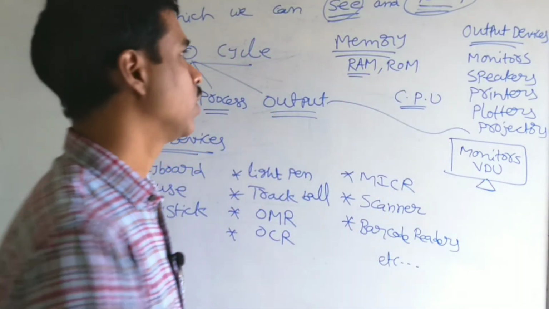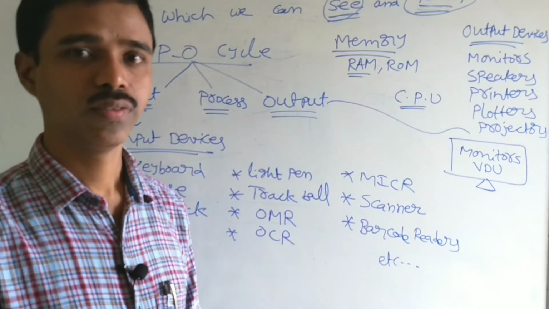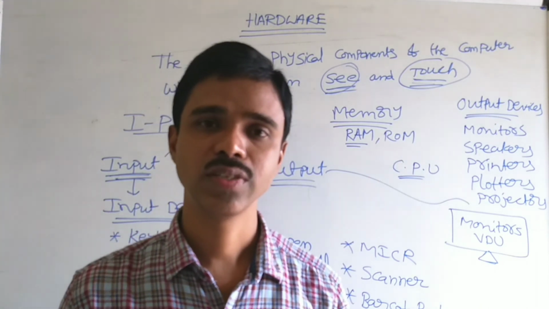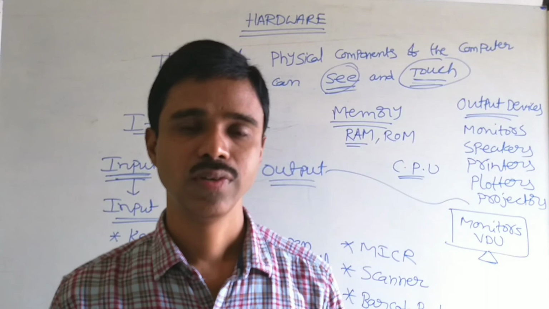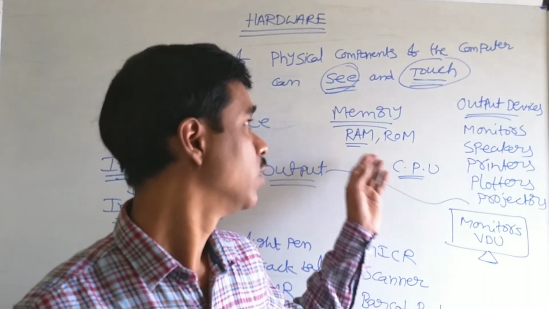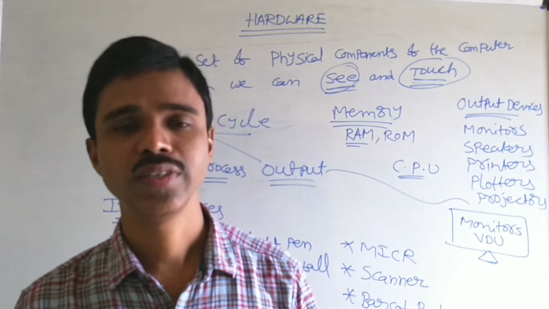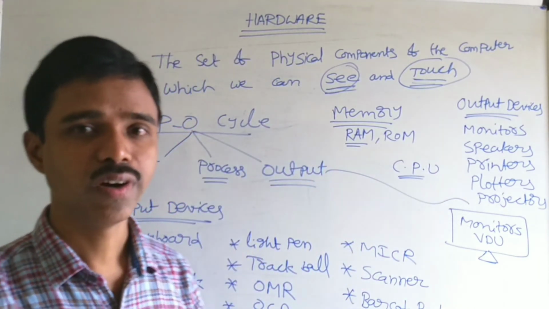RAM and ROM are examples of hardware components. And secondary storage devices like hard disk, pen drive, memory card, magnetic tapes, CD, DVD, etc. This is the conclusion about the complete hardware.